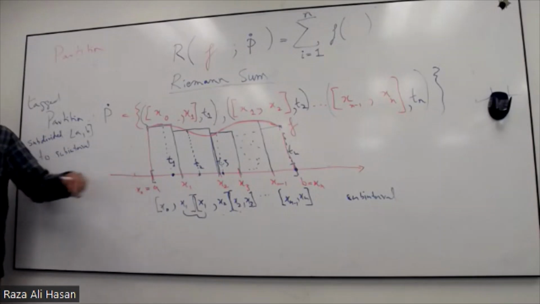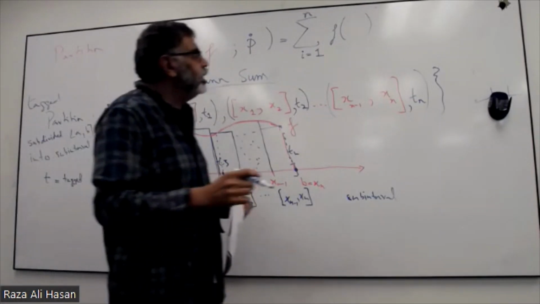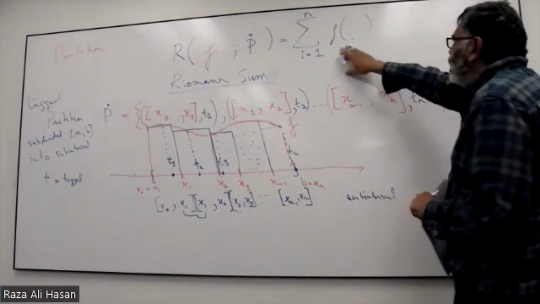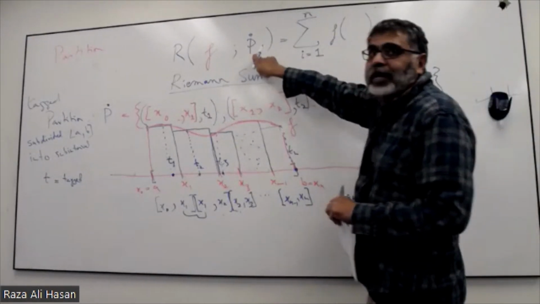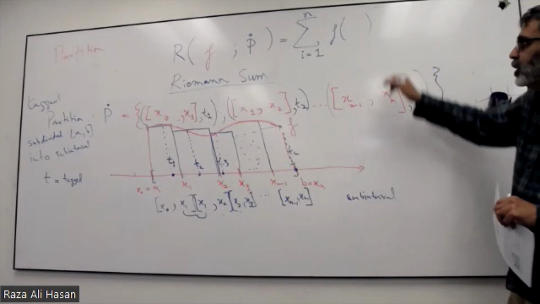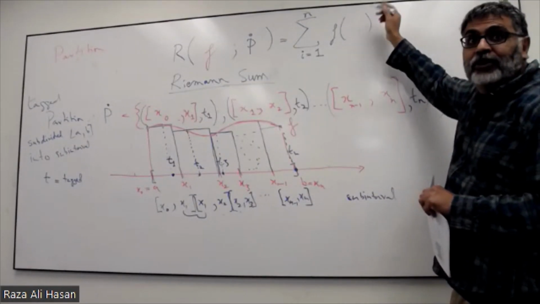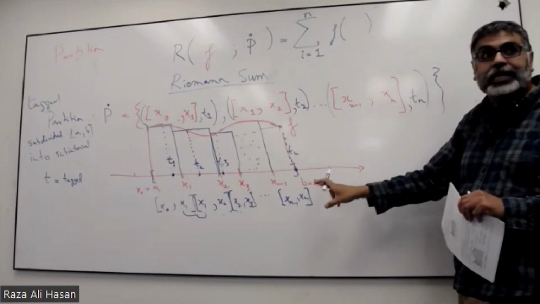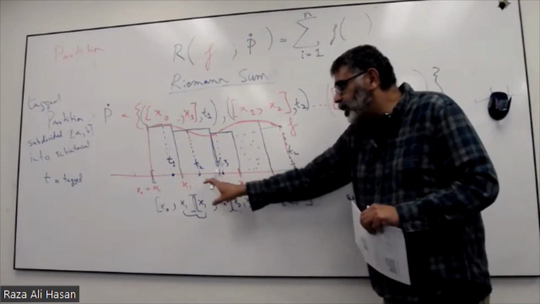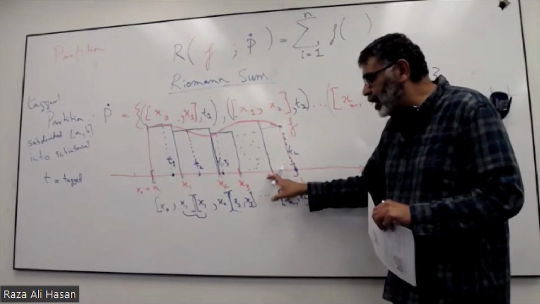Cheat from this diagram. What input does the function take? Because it has a tagged partition, it's going to have t sub i, because previously we had x sub k. We're not using x here.